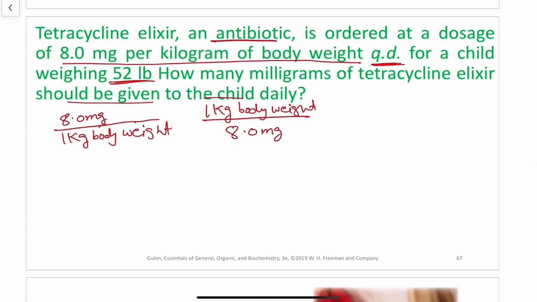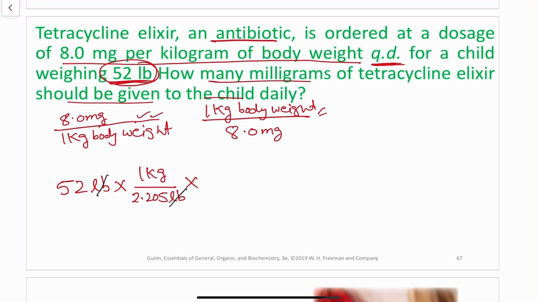So the weight of the child is given again in pounds. So first we have to convert pound into kg. So 52 pounds times 1 kg per 2.2045 pounds. So pound will get cancelled. Now we got kg, and once we have the weight in kg, we can use the conversion factor that we just made.